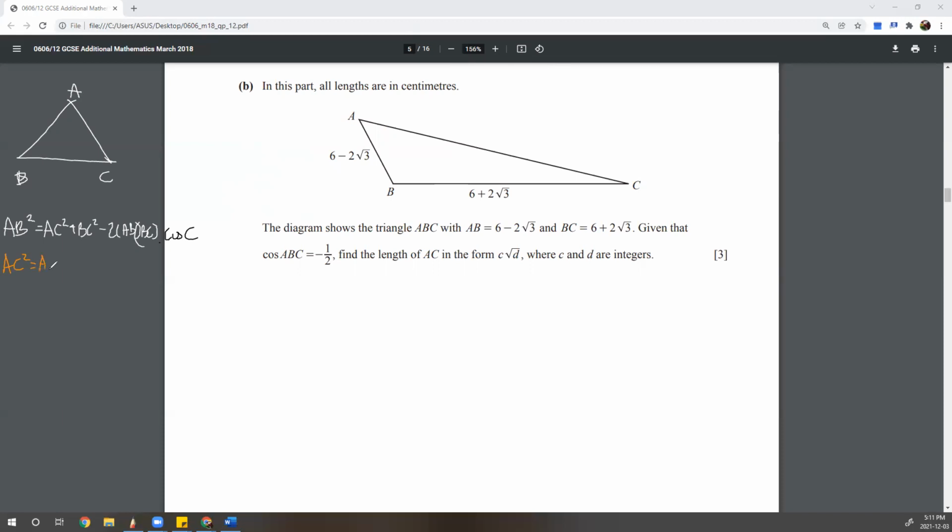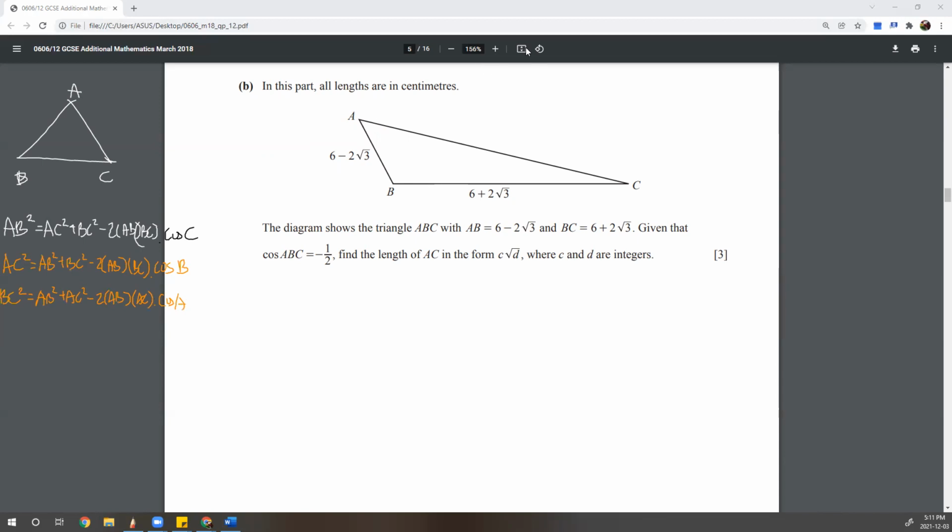It has to be AB square plus BC square minus 2 times AB times BC times cos B, right? And if I want to find BC square, it has to be AB square plus AC square, the other sides, minus 2 AB times AC times cos A.